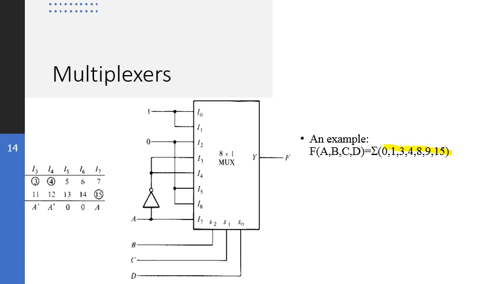From the previous convention, one of the 4 input lines is implemented on the multiplexer's input line, and the remaining are select lines. So the total number of select lines is 3, and a multiplexer with 3 select lines should be an 8 cross 1 multiplexer to accommodate this Boolean function.